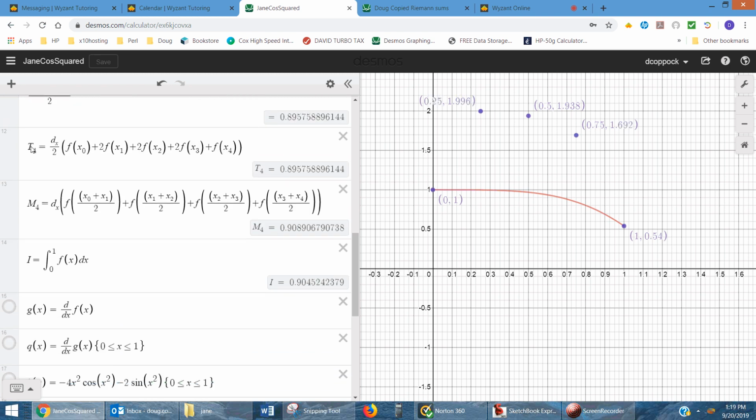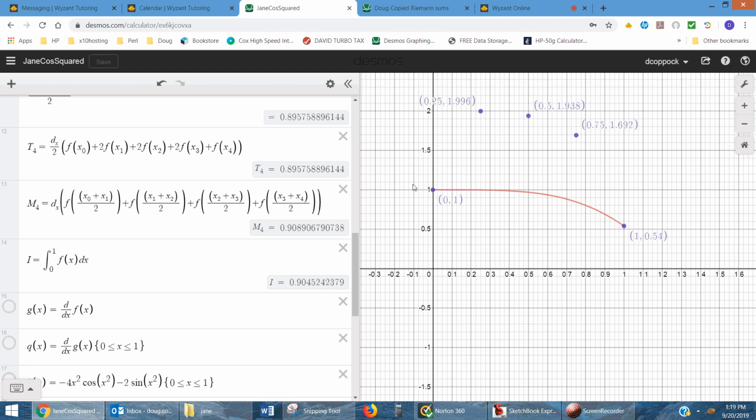And then using the trapezoidal rule, which is right here, delta x over 2 times the quantity f of x sub 0 plus 2f of x sub 1. This is where I get the 0.89576 rounded to 5 decimal places.